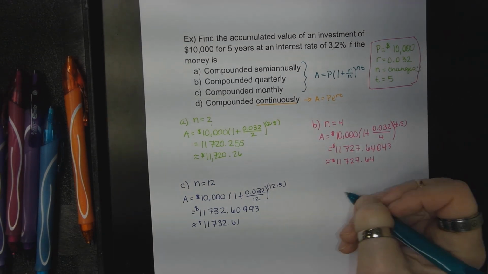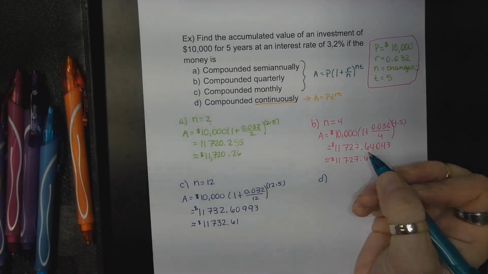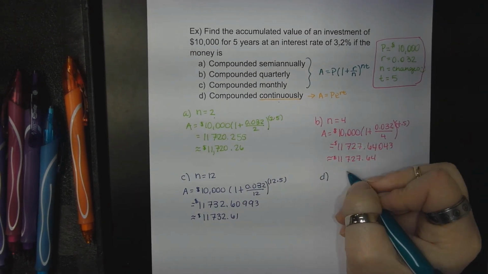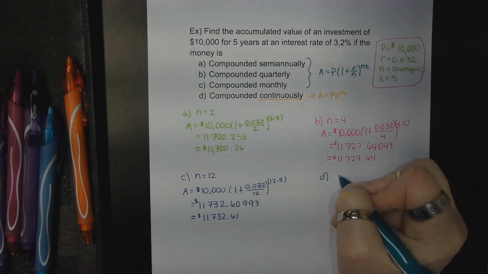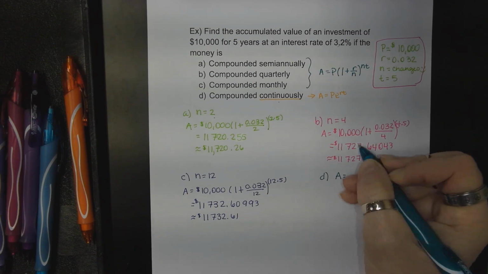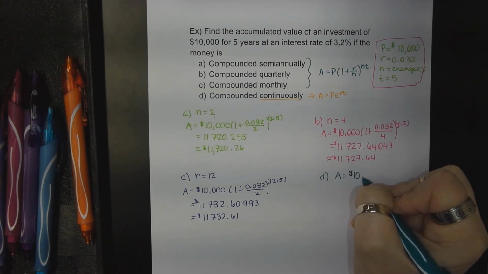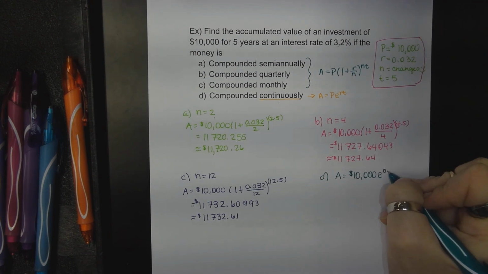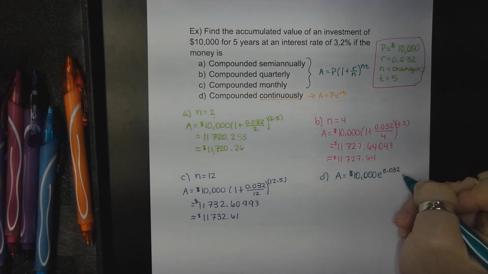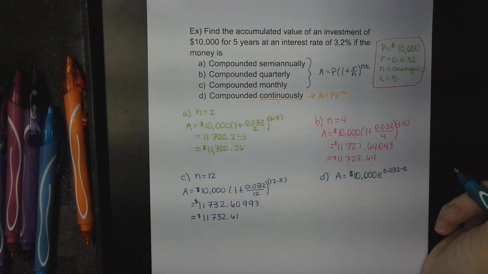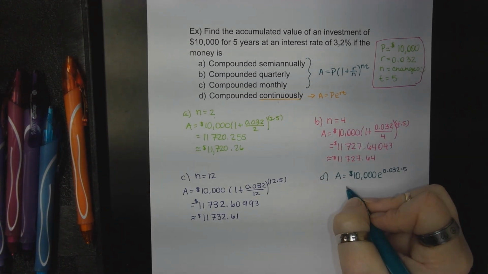Last but not least, our Pert, which is D. We know Pert once again because it says continuously. So we're going to solve for A once more. So we have A equals our P, 10,000, times E raised to the 0.032 times our time, which is 5.